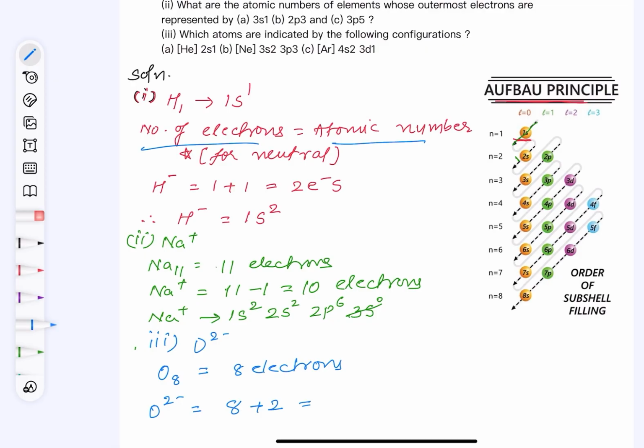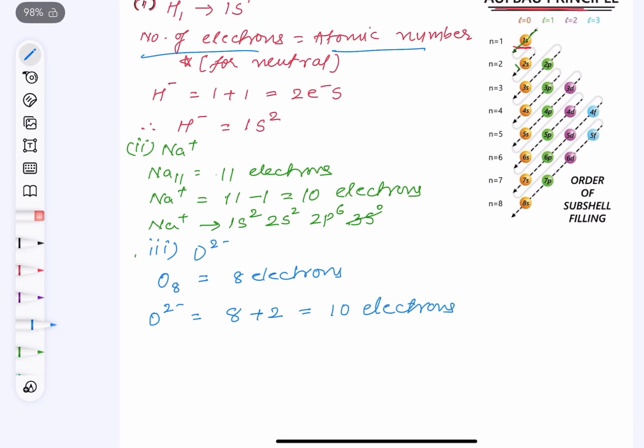So O2 minus has a total of 10 electrons. The configuration for 10 electrons would be similar to what we did for Na plus above: 1s2, 2s2 and 2p6.